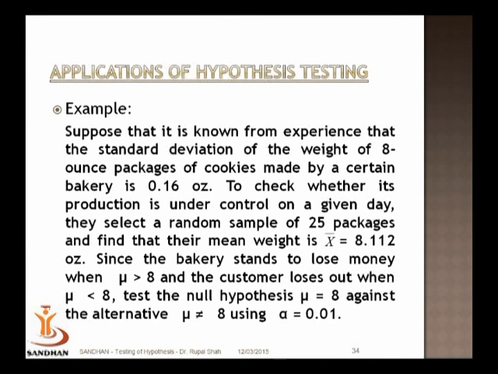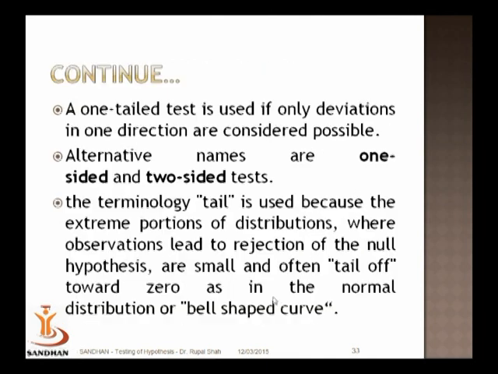So here our test should be two-sided. That means here we can frame the null hypothesis as mu is equal to 8, whereas the alternative should be of the form mu not equal to 8. Right? That is called the two-sided test or two-sided hypothesis.